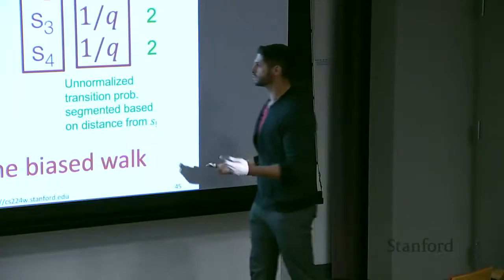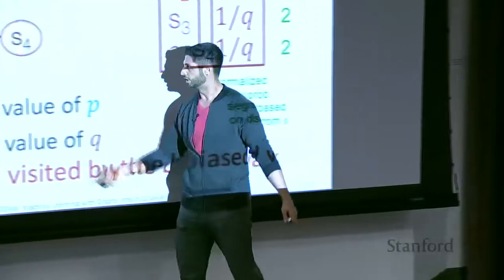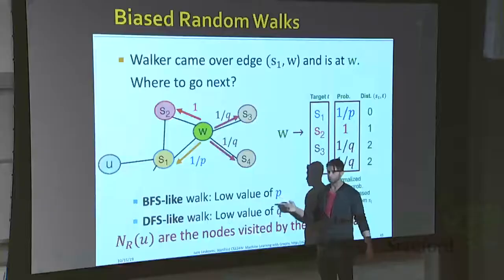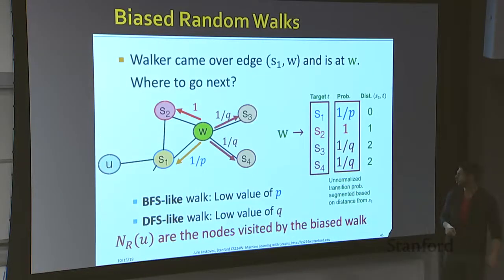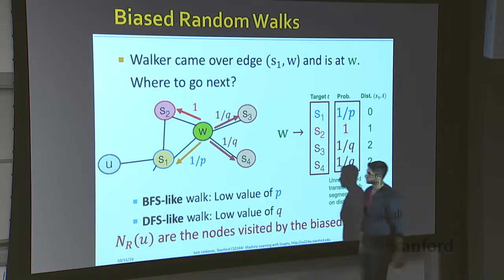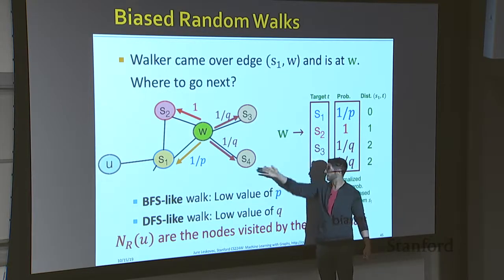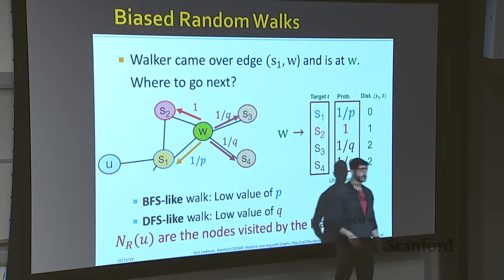And for instance, nothing prevents you from giving an extremely high value to P and making sure that the random walk never goes back, or you can give an extremely small value to Q, and then you're biasing the random walk in such a way that it always tries to explore and perform a DFS in the graph, okay?